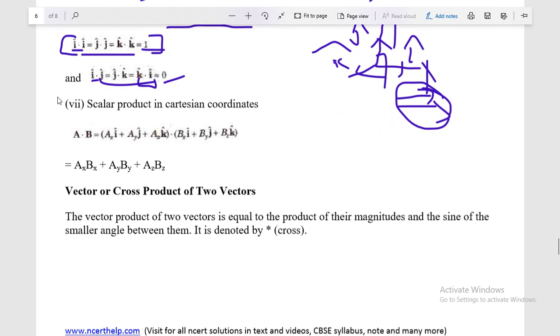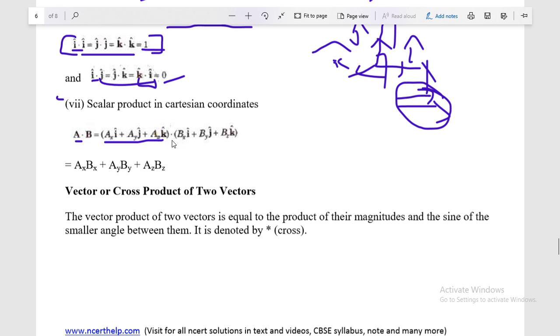Now the next one is the scalar product in Cartesian coordinates. You can see here a vector A can be represented by the components ax, ay and az, and B is represented by bx, by and bz, where ax, ay and az are components of vector A along the x, y and z axes. Similarly bx, by and bz are components of vector B along the x, y and z axes.